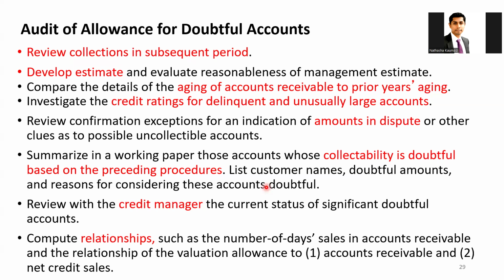Now, if the year is 2025, that means starting from 1st January 2025 to 31st December 2025, subsequent settlement, subsequent payments means payments that are happening after 31st December 2025. That means January 2026, February 2026, March, April, before you sign the audit report, right? Subsequent period. So during that period, there can be some payments received.